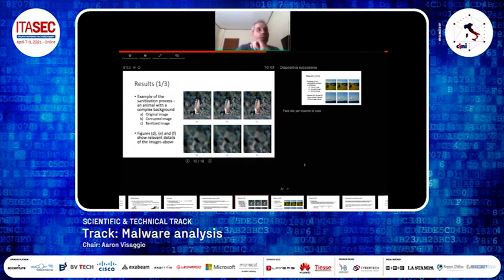In particular, in the second row, we show some relevant details of the images, and we can see how our architecture was able to partially restore the quality of the original image.